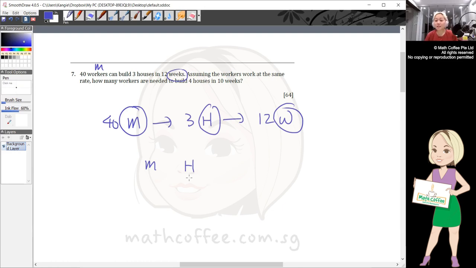Let's test those who just listened to question 1. Can someone tell me, M and H, is it direct proportion or inverse proportion? Come, unmute yourself, volunteer, and tell me. Show me that you learned something, or you can type in the chat group. When you have more men, can you build more houses or fewer houses?